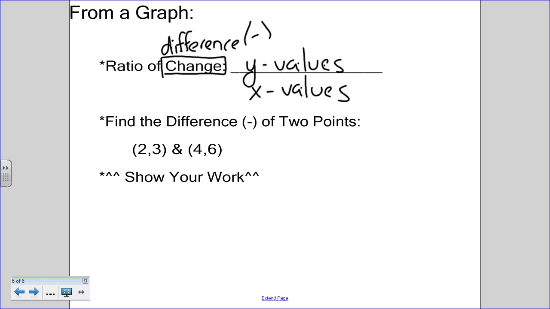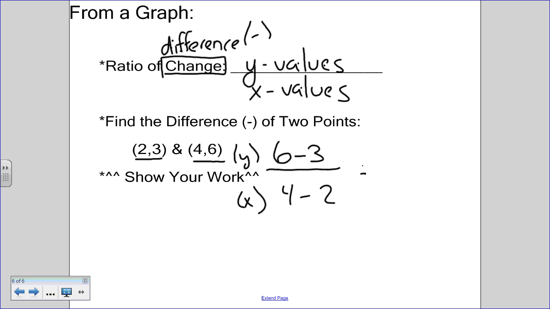We found the difference of the 2 points 2, 3 and 4, 6 using our graph on the previous page. Remember, when we did that, we took the difference of our y values over the difference in our x values to find our rate of change as 3/2.